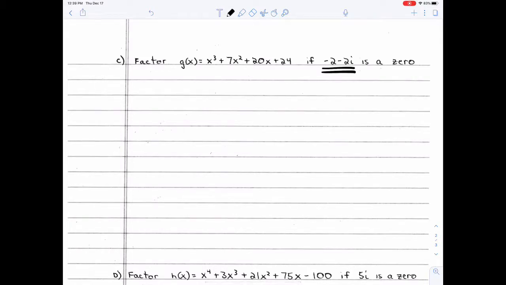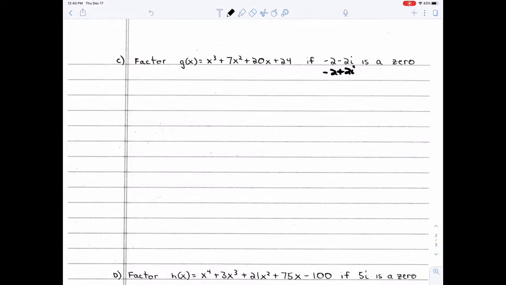I don't. So what I'm going to do is find the quadratic that would have this 0. And remember, I know another 0 too. I also know there's negative 2 plus 2i. So I'm going to find the quadratic that gives me those two zeros, and then I'm going to divide that into g of x.